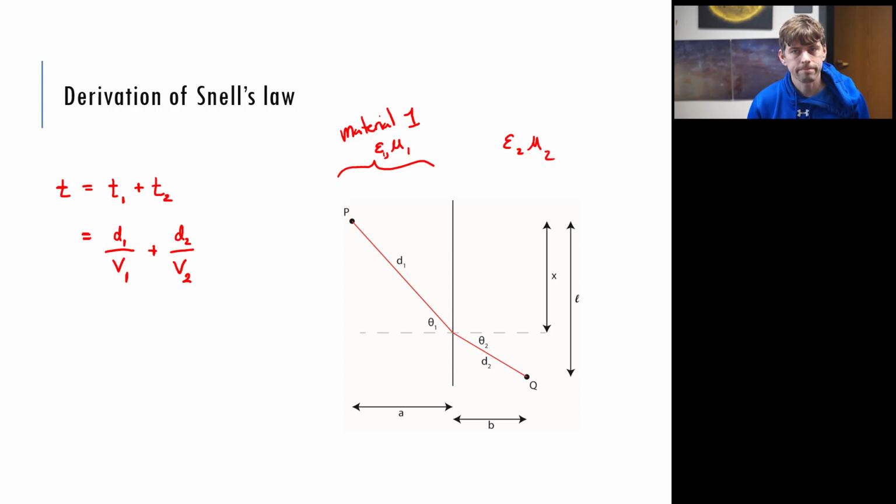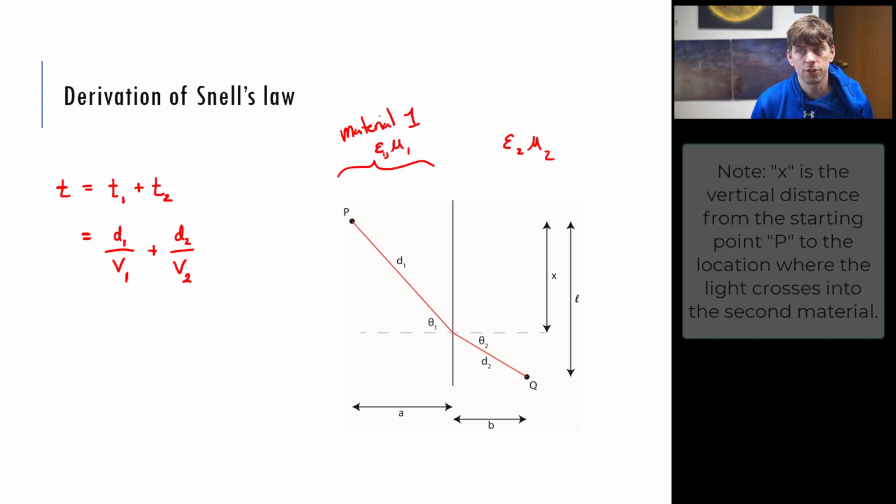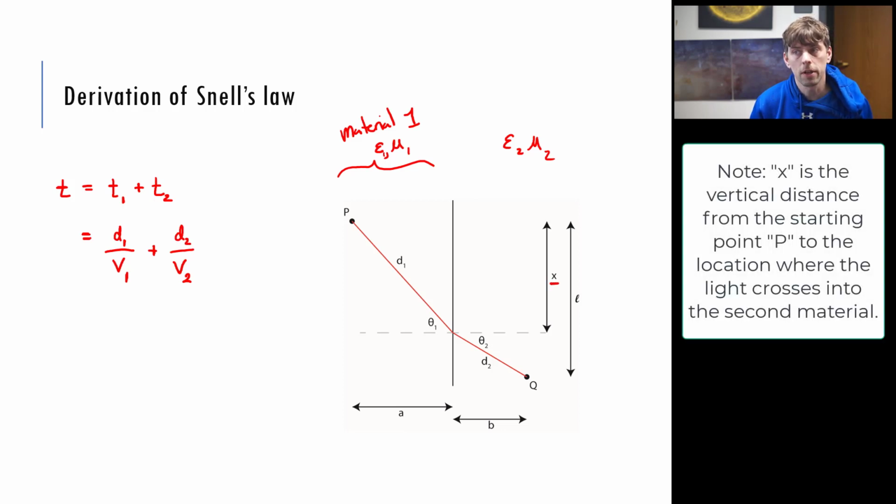Now let's use some of our extra stuff. I would like to parameterize this expression according to the variable x. So I want to get d1 and d2 in terms of x.